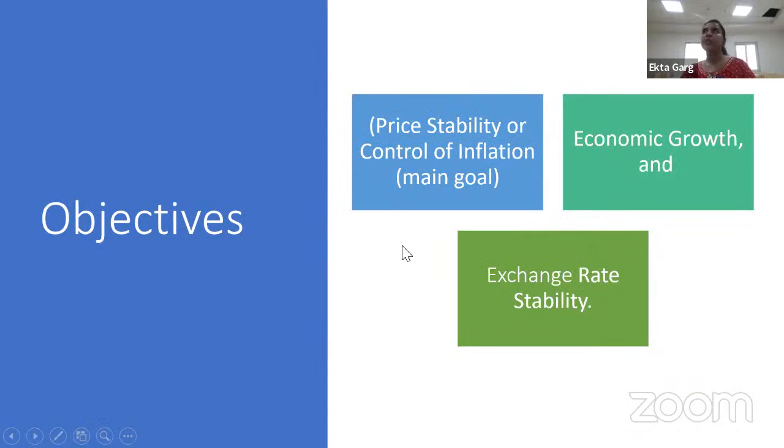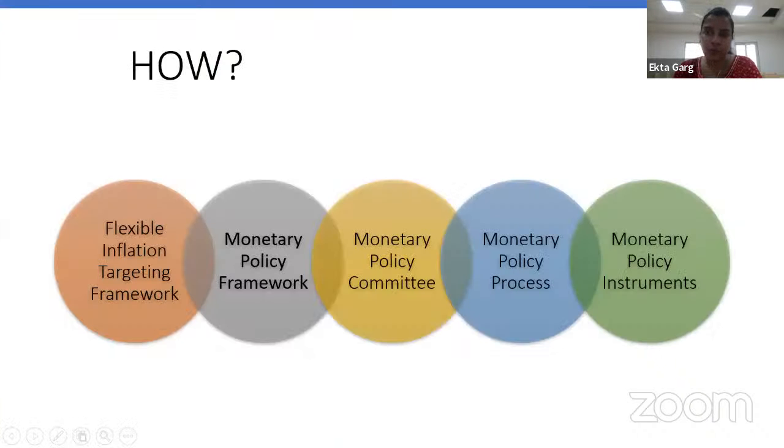Now, what are the objectives of monetary policy? First and foremost, the objective of the policy is to ensure price stability or control inflation. It is the primary goal for monetary policy. Why? Because the other goals like economic growth and exchange rate stability are also aligned with price stability.